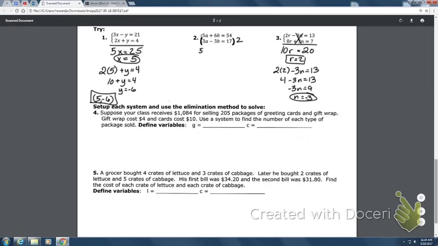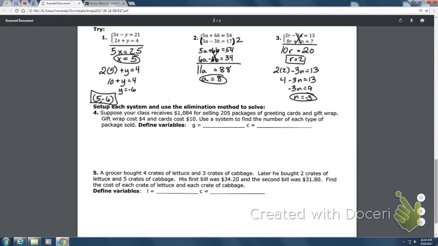Now I'm going to rewrite my first equation just so that I can have them one on top of the other. It makes the math a little bit easier. Now the B's will cancel, so I have 11A equals 88. So A would be 8.